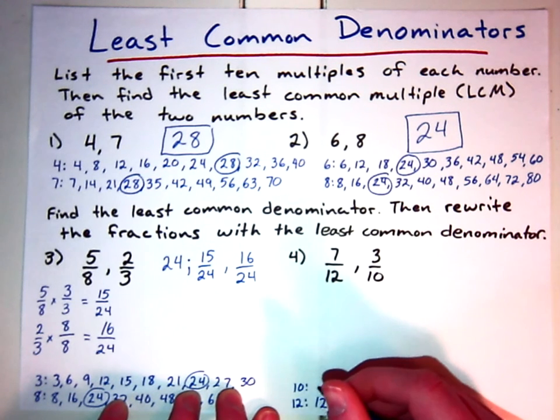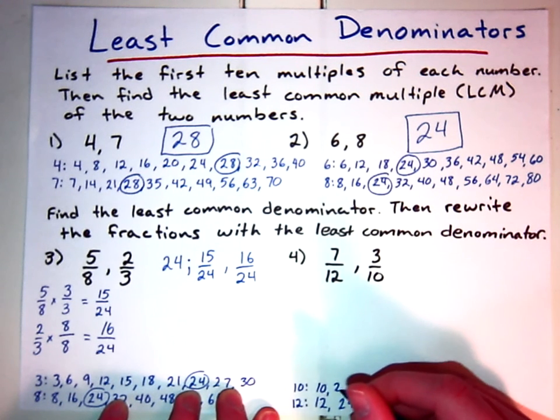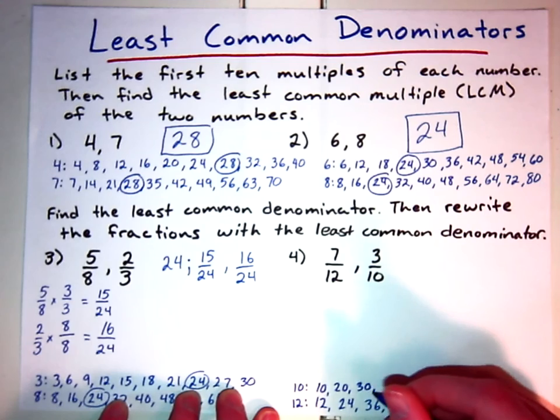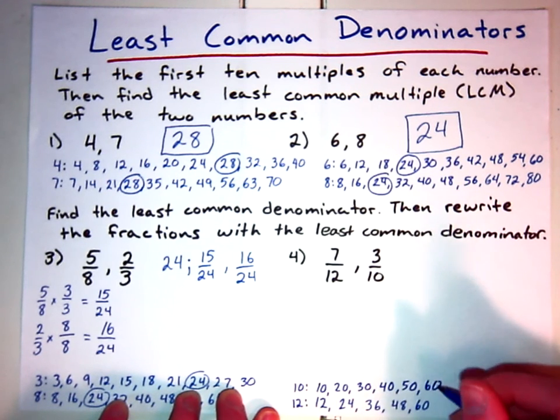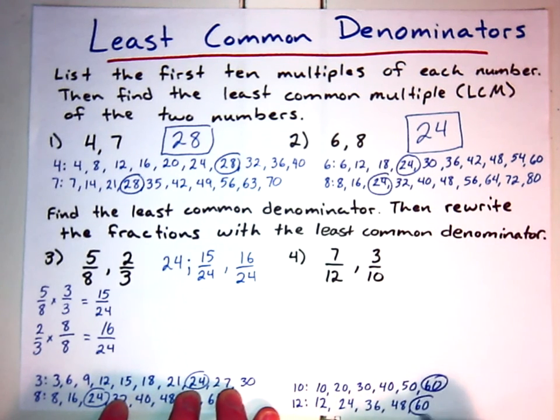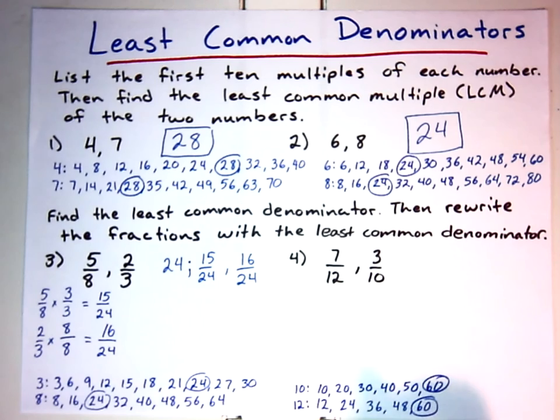So I'm going to use that hint. 10, 20, 30, 40, 50, 60. Remembering these little tricks, you'll remember things like that. I got 12 to 60, and 60 is a multiple of 12. So I know 60 will be a multiple of 10.